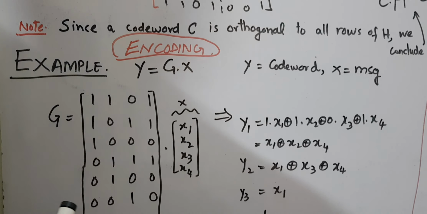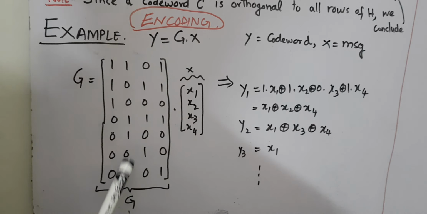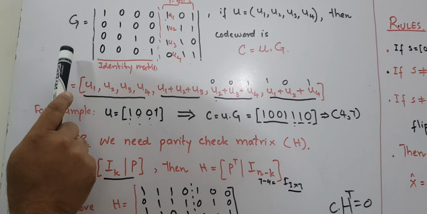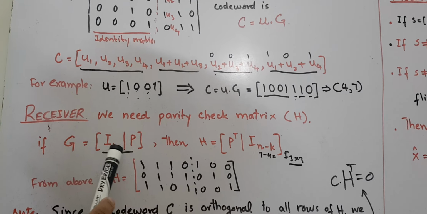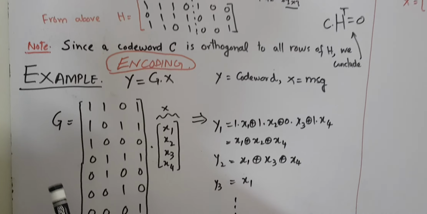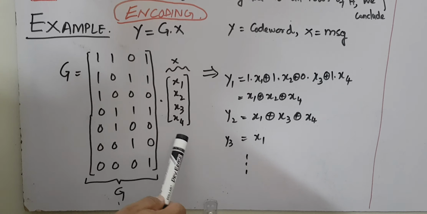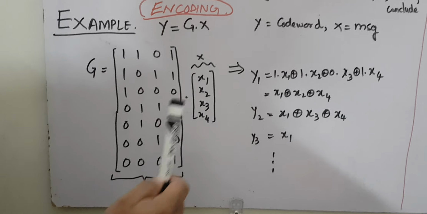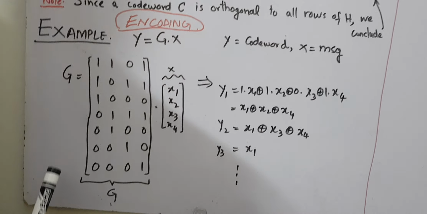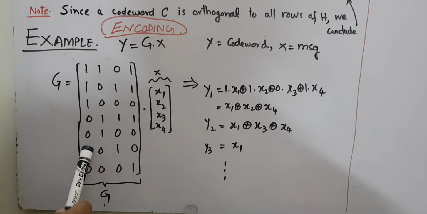Suppose in this example, the generator matrix is given as well. You can see this generator matrix is quite different from the previous one, because the previous pattern is I k oblique P, but this is totally different. But suppose this is given for you, this is the generator matrix and this is the message bits x1, x2, x3, x4, 4 message bits. Looking at the length of the generator matrix, you can see how many rows: 1, 2, 3, 4, 5, 6 and then 7.